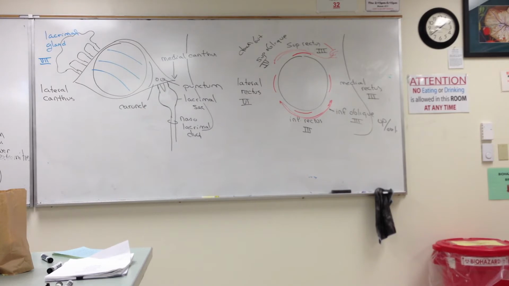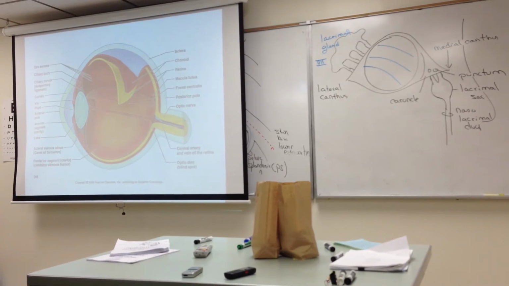Okay, and then what I want to cover today is the basic structure of the eyeball. So on Thursday we can cover light waves, the energy of the light through the eye, and what structures cause it to bend to allow focusing. So there are three layers, or tunics as they are called, that form the structure of the eyeball.